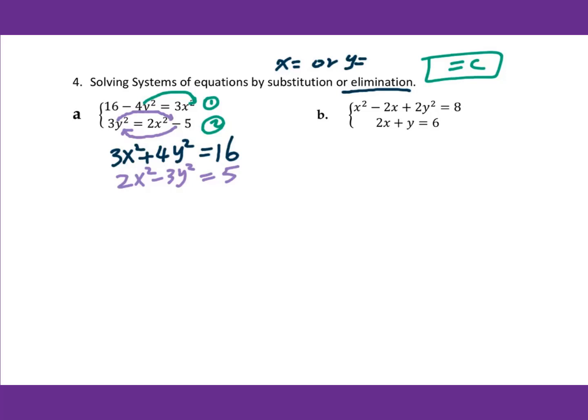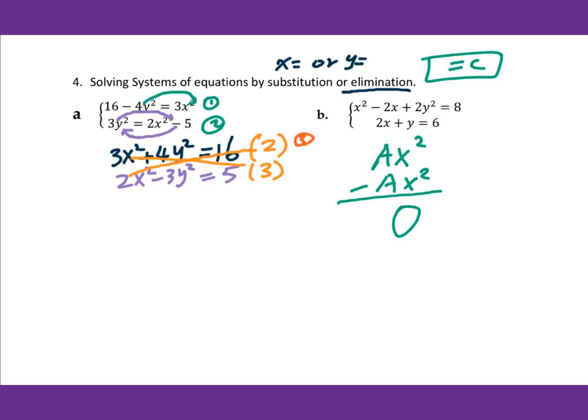Then you are supposed to create opposite variables so that you can cancel. If you have ax squared and negative ax squared, you will get 0. So choose the smaller number. I will try to get rid of this x squared. Therefore, the first one I multiply by 2, this one I multiply by 3.